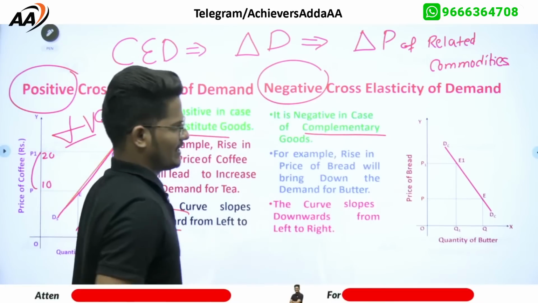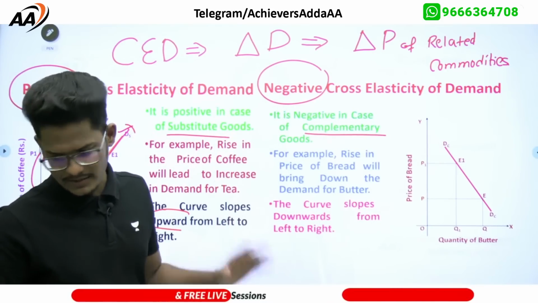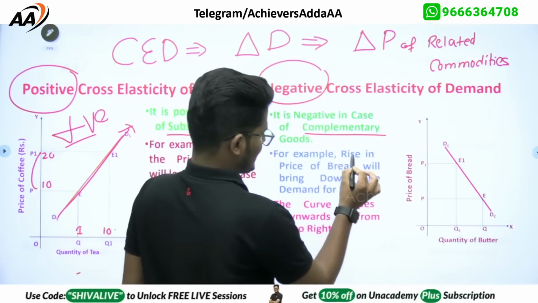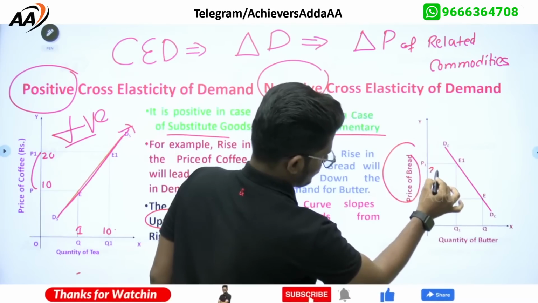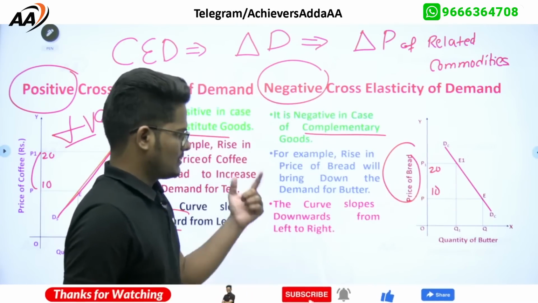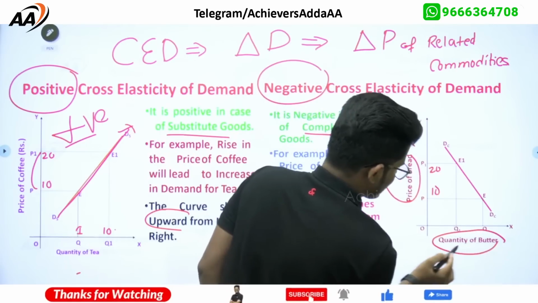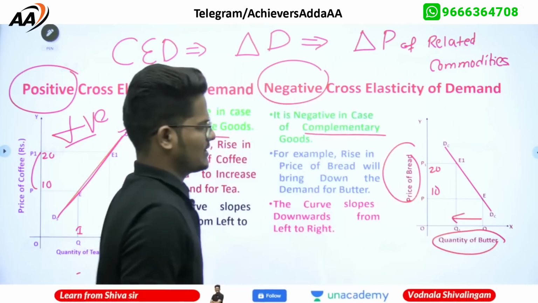Negative in case of complementary. This was also asked in 2021. The same statements have appeared already. This is a direct relationship or positive. Rise in price of the bread from 10 rupees to 20 rupees, then the demand for the butter is getting reduced.